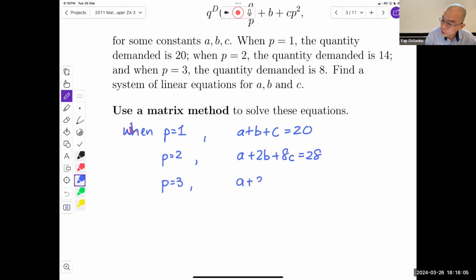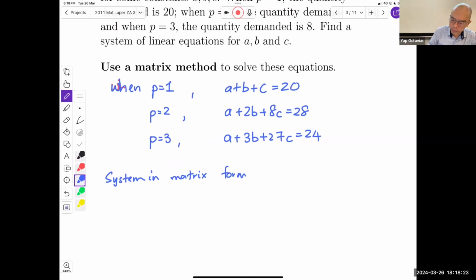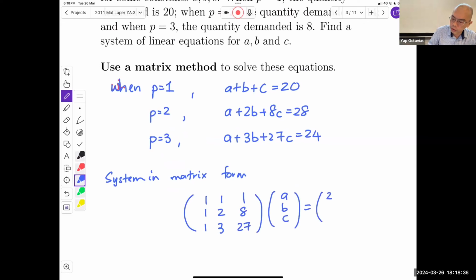A plus 3B plus 27C equals 24. So there are 3 equations, these 3. So set up the system. You get 1, 1, 1, 1, 2, 8, 1, 3, 27, then A, B, C equals 20, 28, 24.